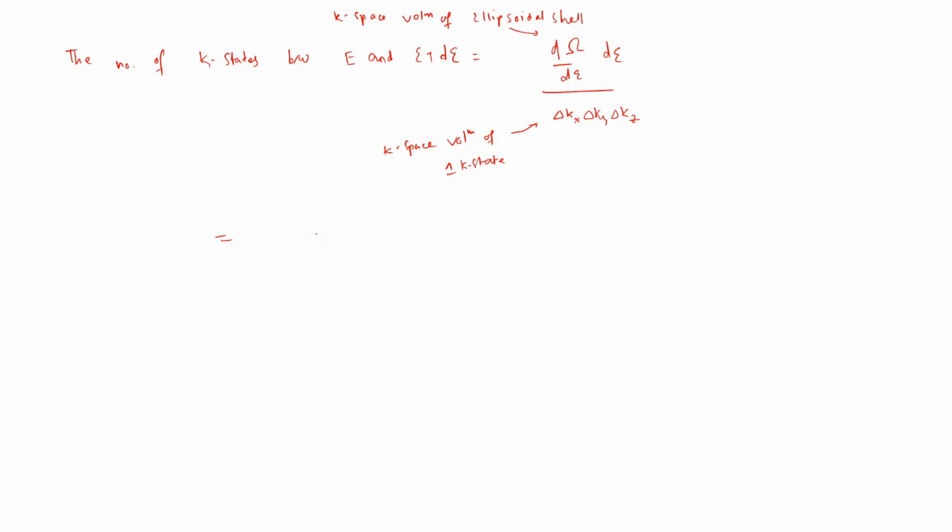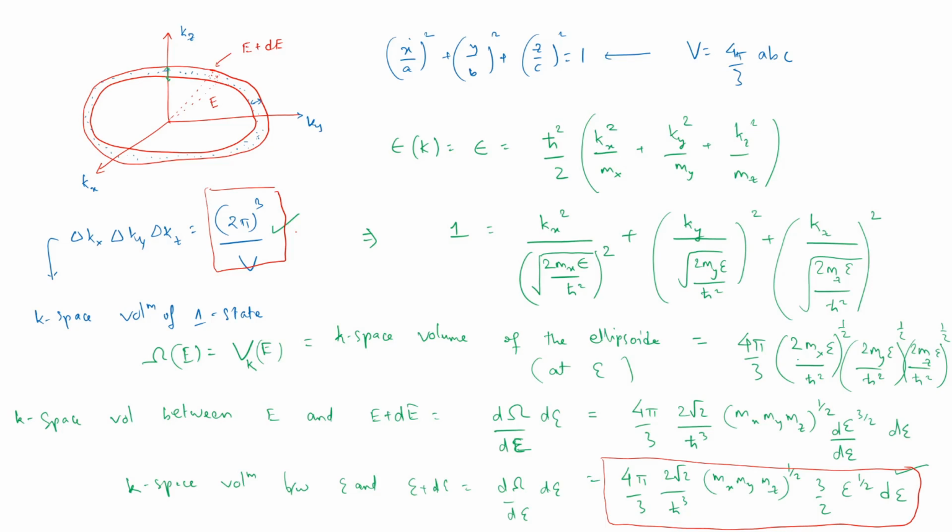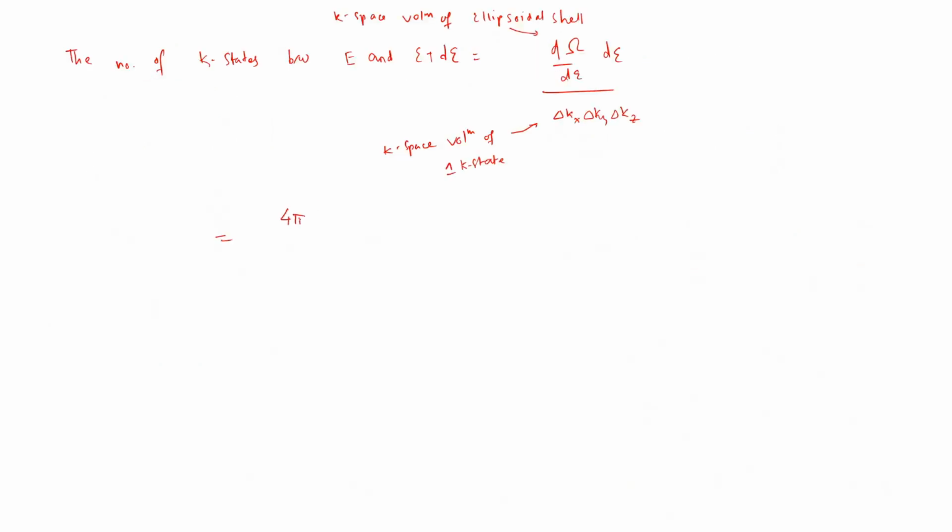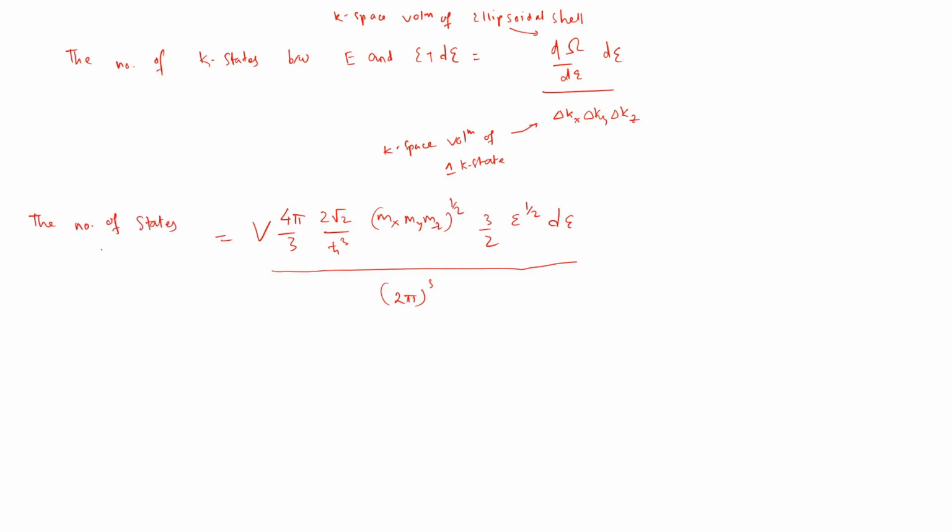So from the previous slide, the numerator is 4 pi by 3, 2 root 2, and the denominator would be 2 pi whole cube over V. So this is the number of k states between E and E plus dE.